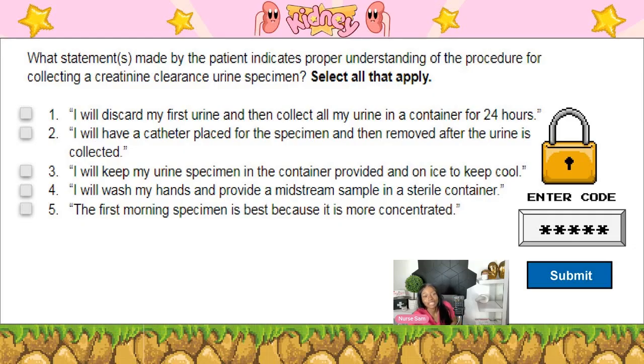Okay, let me see what you guys are saying. What's your code so far? Your answers are going to be the code for how we get out of here. Miss Passion on IG says 135. Ari says 3. I'm sure 3, 4, 5 is correct.